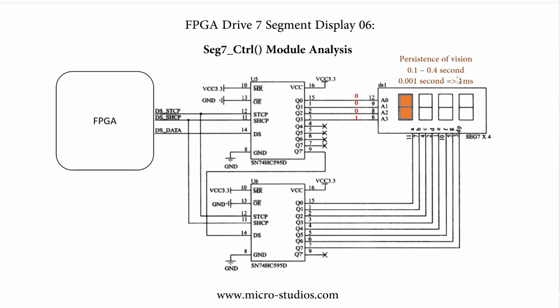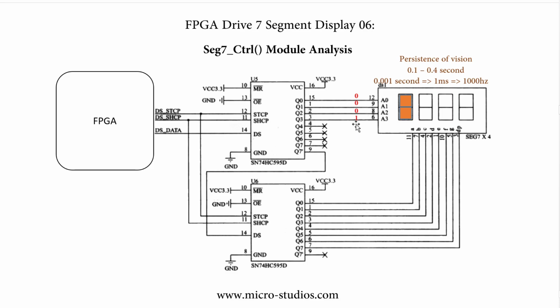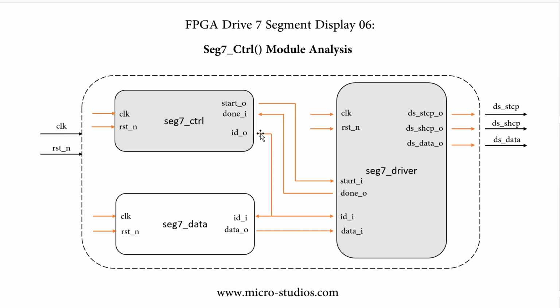So if we need this 1 millisecond delay, we need a clock divider. This 1 millisecond delay is like 1k hertz. We need one clock divider to divide our clock input, to get the 1k hertz frequency to switch the 4 control ID, which also comes out from here. Okay.